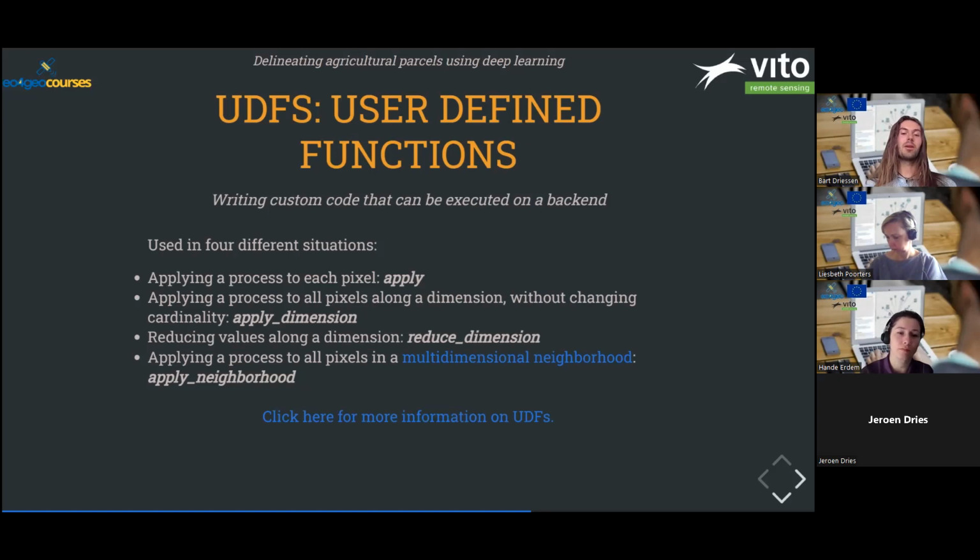And then you can also apply a process to all pixels in a multidimensional neighborhood. That is basically applying a filter along an image, and that is what we will actually be using. That is called apply neighborhood. For parcel delineation, that is something we will be using, and we will get to that later.